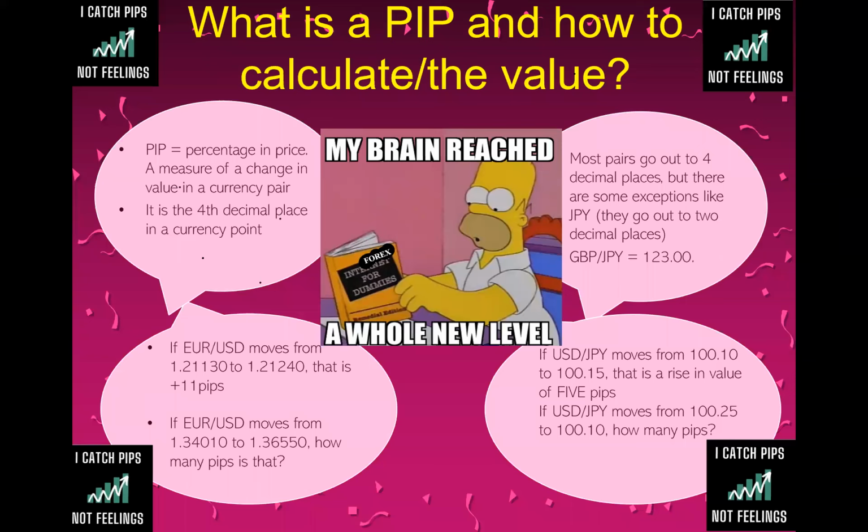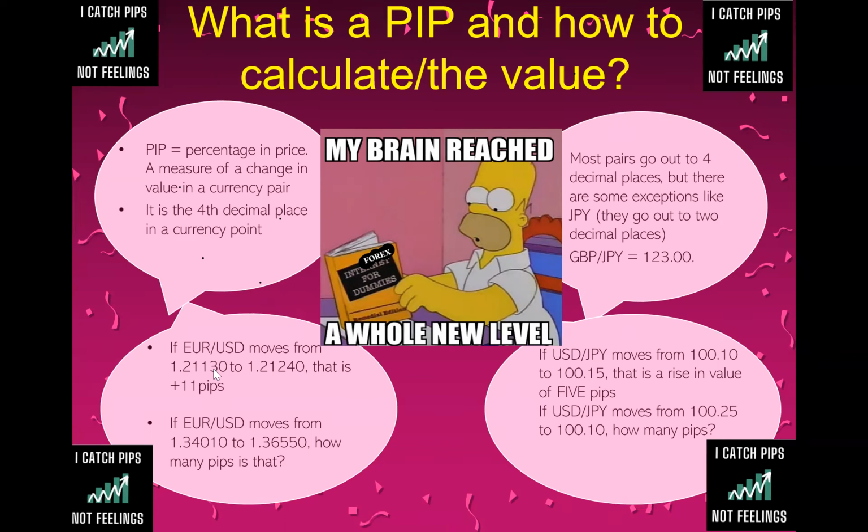Mike, can you give me an answer? Can you repeat the number? Okay, I'm going to say it again, yeah? If Euro USD moves from 1.21130 to 1.21240, that is 11 pips. And how do you calculate this? You take the first 4 digits after the decimal point, yeah?